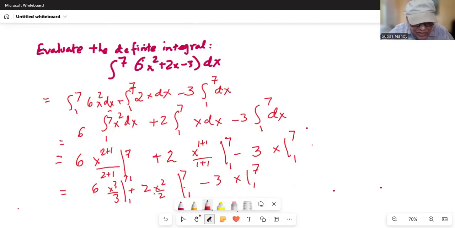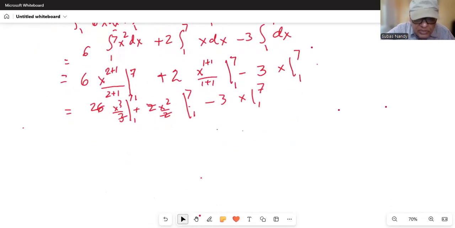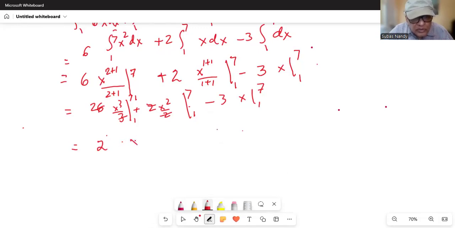Now you can cancel this 2 with this 2, and you can cancel this 3 with 6, since 3 times 2 is 6. So you will get equal to 2x cubed, limits 1 to 7, plus x squared, limits 1 to 7, minus 3x, limits 1 to 7.